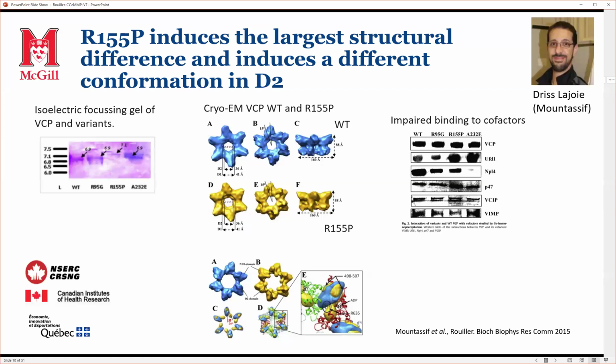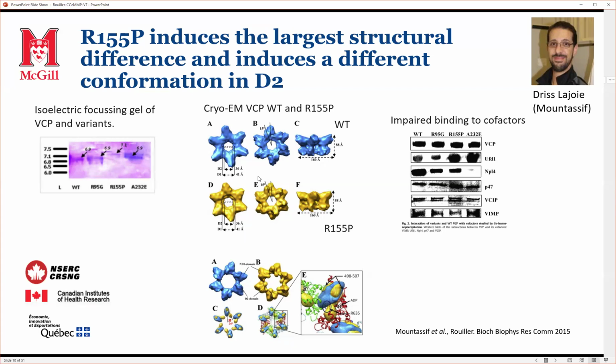This work was followed by Dries Lajoie in my lab at McGill, and he showed that among the mutations, mutation R155P was most likely to show the largest conformational change from the others, using an isoelectric focusing gel.